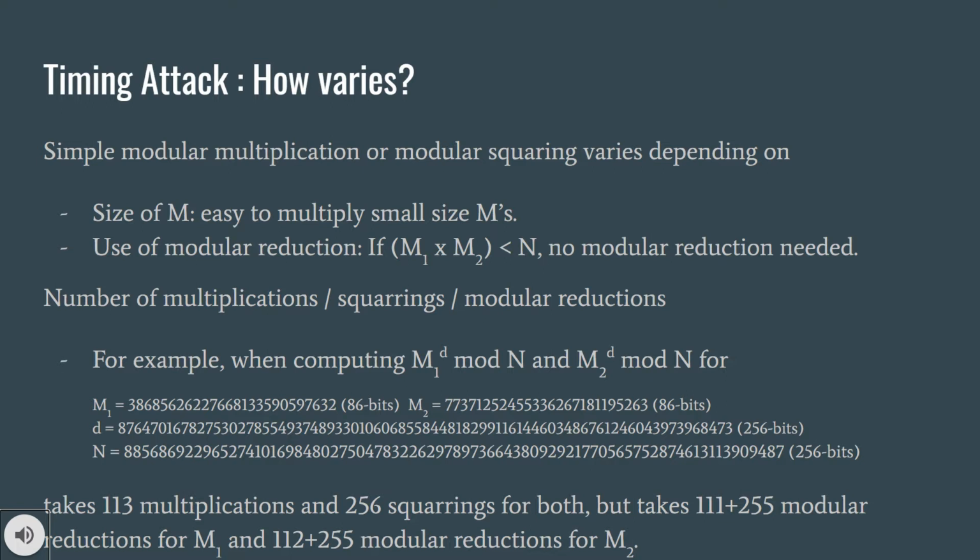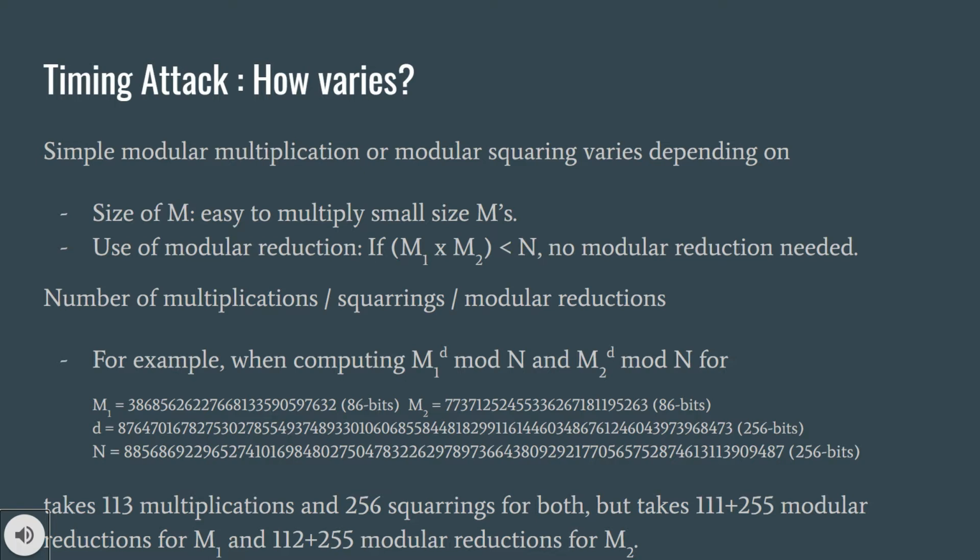For example, when computing m1 to the d modulo n and m2 to the d modulo n, for m1, 86 bits of m1 and 86 bits of m2, their sizes are the same. D is 256 bits and n is a 256-bit number.